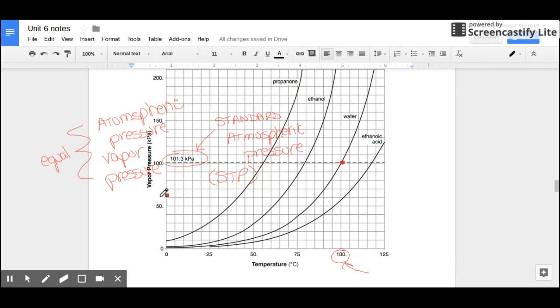If, however, we lower the pressure, let's say to 50, so a little bit more than half of atmospheric pressure, now the water is going to boil at about 87 degrees Celsius. So if we lower the atmospheric pressure, we're going to boil at lower temperatures.